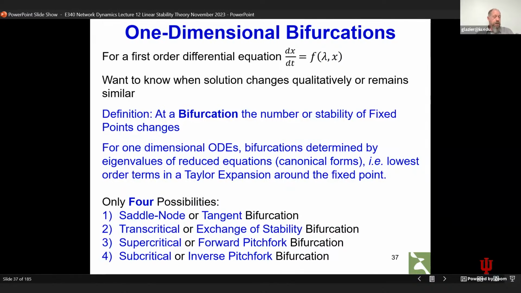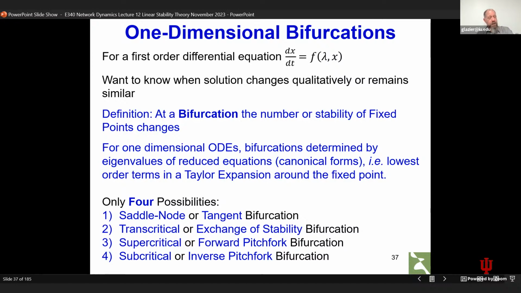And the reason the math is a little bit finicky, it's not difficult, but reducing things to their canonical forms means doing a little bit of algebra. But conceptually, it's pretty simple, but the algebra is a bit different for each one.